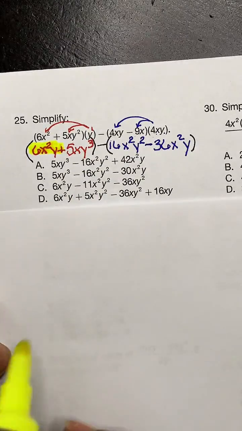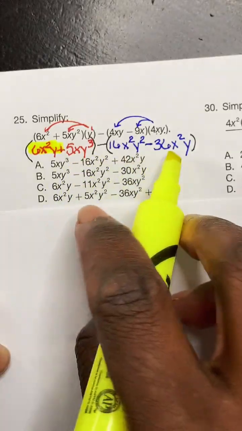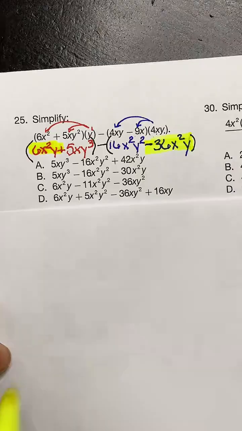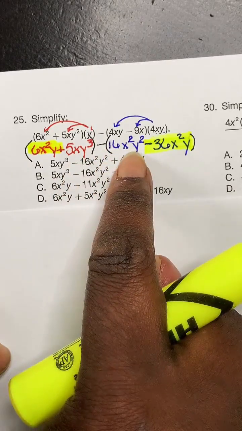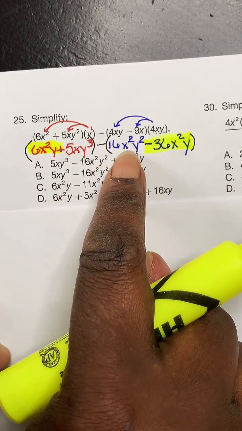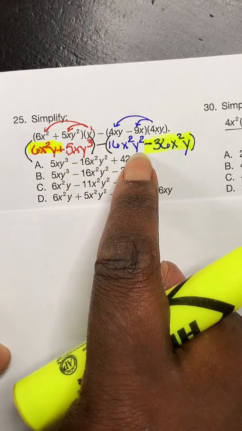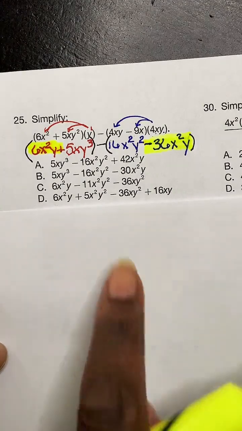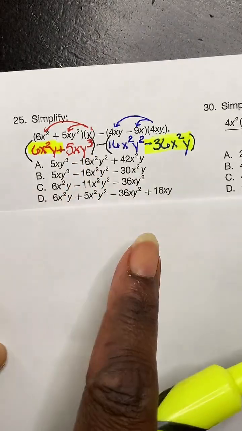The only one that has an x squared y is that negative 36x squared y. We can't combine these two, because they're not the same combination. That is an x, that's an x squared. This is an x cubed, that's an x squared. Two separate worlds.